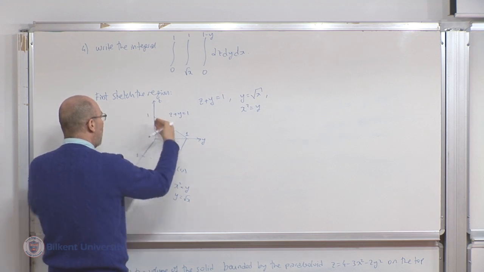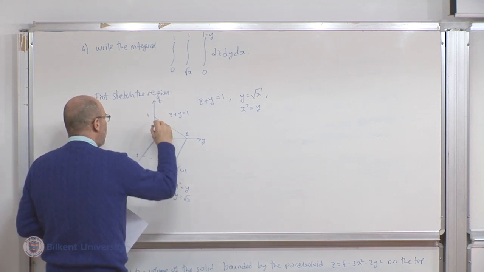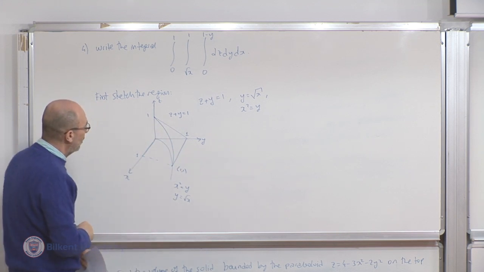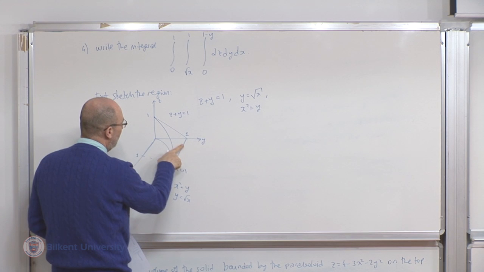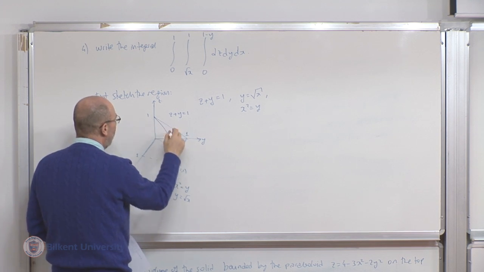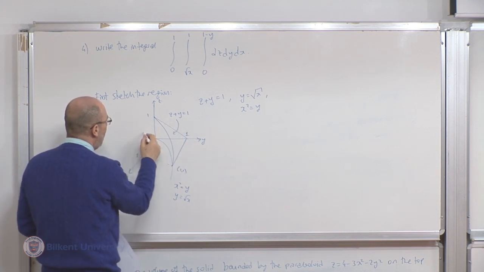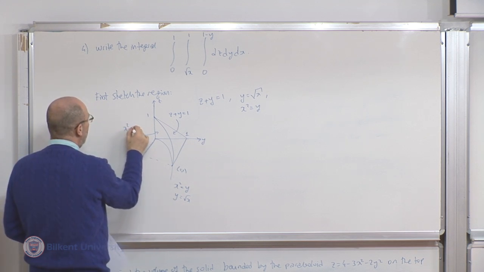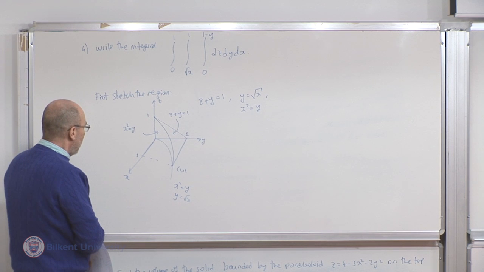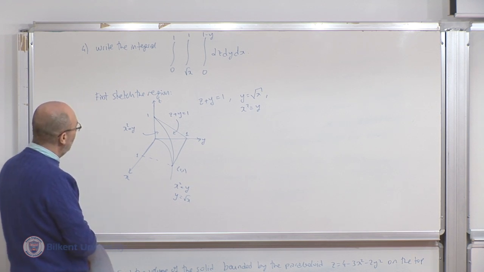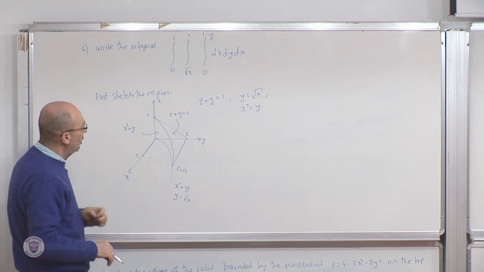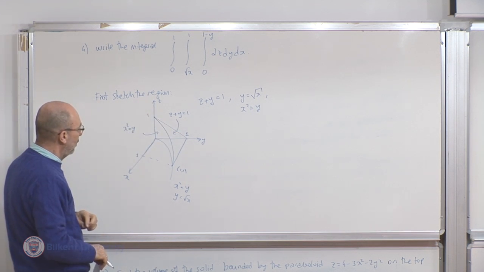So this goes up. Those 2 cylindrical surfaces intersect along a curve like this. Okay, so this part is the plane, and this part is the cylindrical surface. This one, x squared equals y. So, okay, we totally understand the region. The region is this strange thing in the first octant.